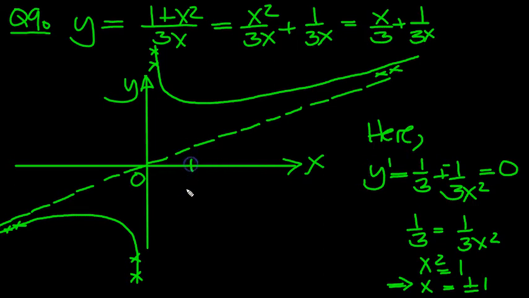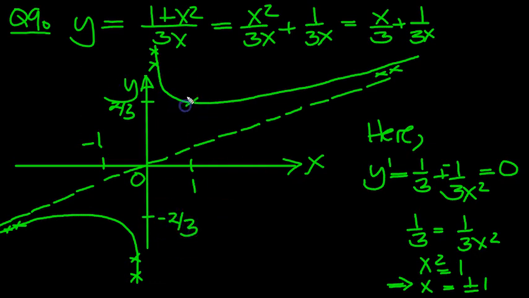So the minimum is at x equals 1, the maximum is at x equals minus 1. If you look at the curve, when x is 1, you get 2 over 3, so this is a value 2/3. And when x is minus 1, you'll get minus 2/3. So I just put that there.